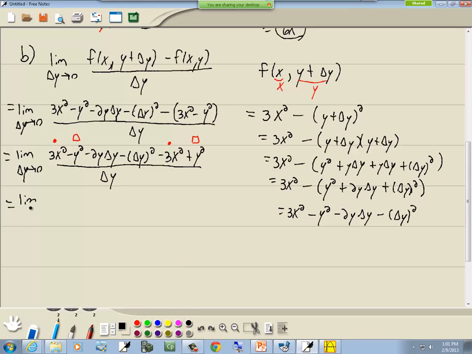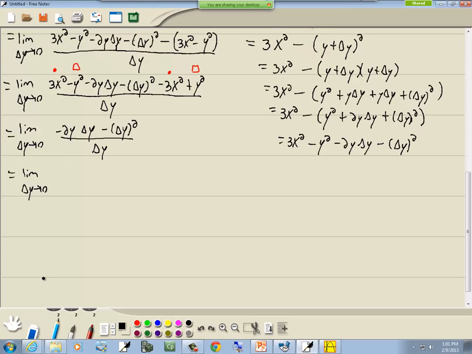And we're left with the limit as delta y goes to 0 of negative 2y delta y minus delta y squared over delta y. Now the problem is the delta y downstairs, because if I plug 0 in for that, I'll get 0 in the denominator. So that's what we're trying to eliminate. I notice up on top everything has a delta y, so I'll factor that out. And that leaves us negative 2y minus delta y.